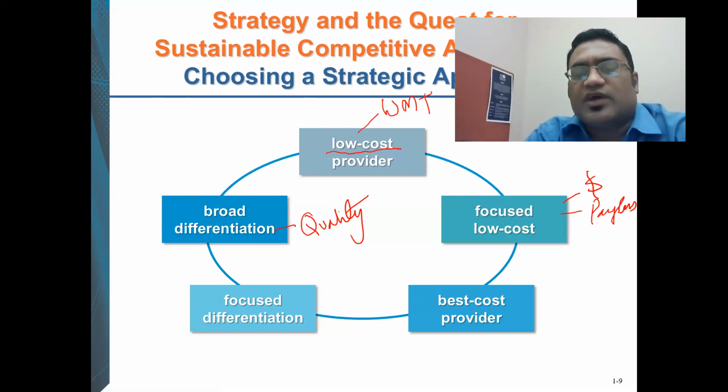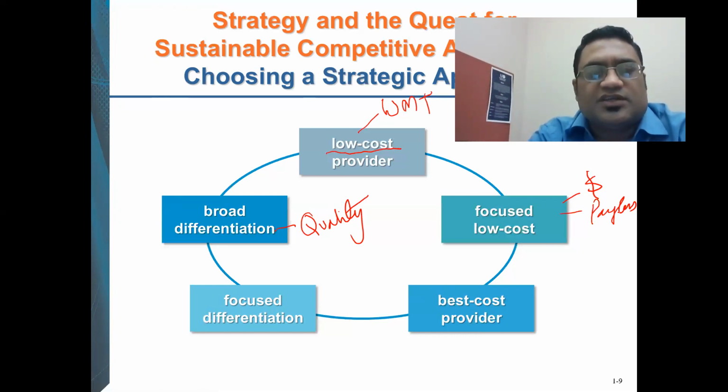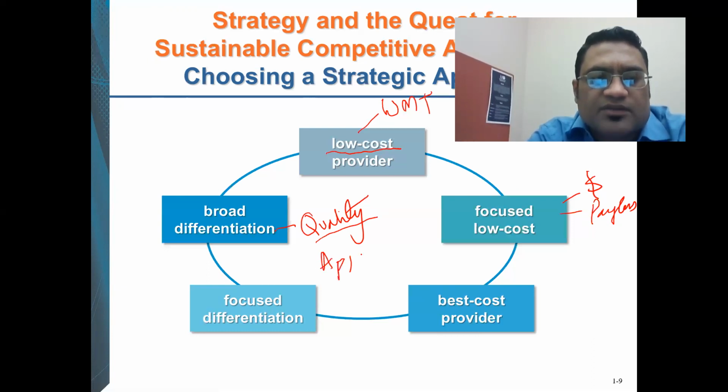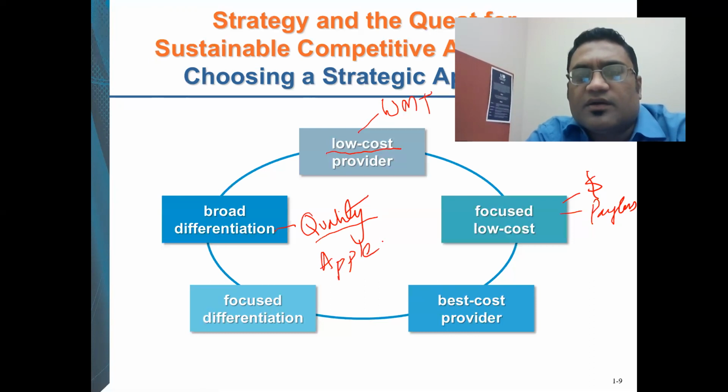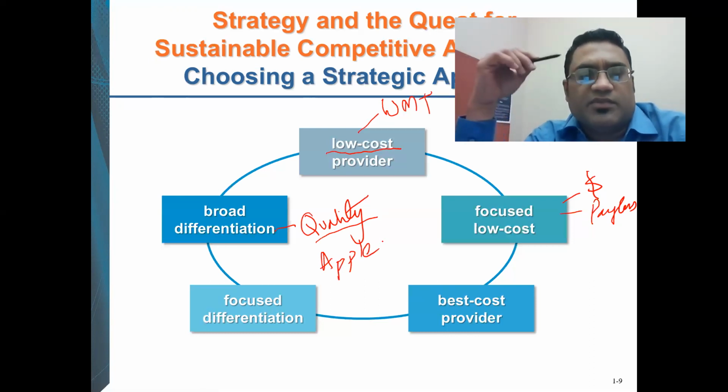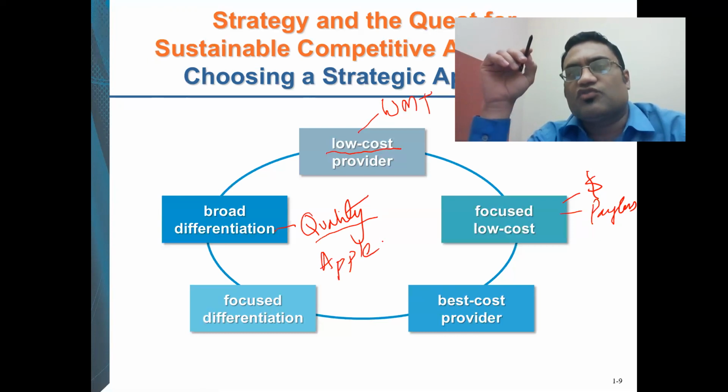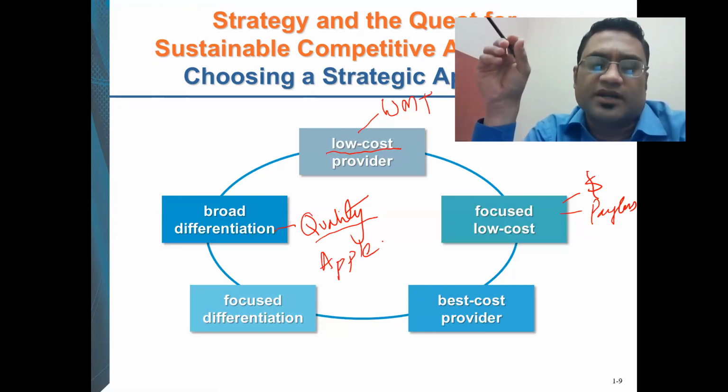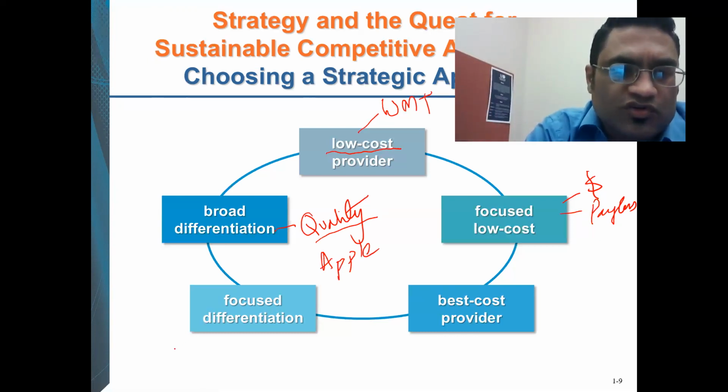Now the other side of this is differentiation, which is based on quality. An example of that would be Apple. Let's say Apple would be considered somebody that is competing based on quality. And focused differentiation would be a company that is focused on a particular niche market, say, luxury cars.